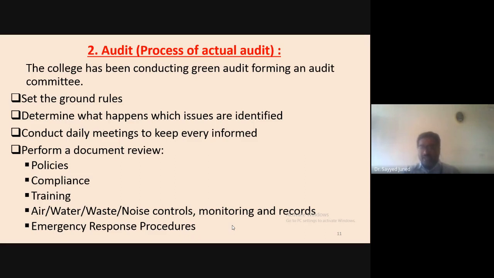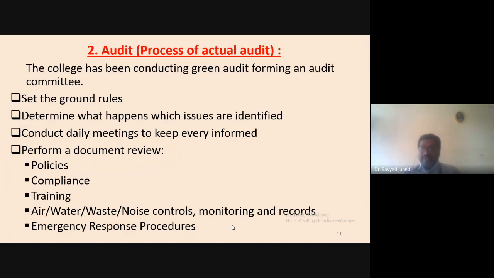We have to appoint a teacher such as a botany teacher, and for the engineering, energy audit, we appoint physics teachers or electronic teachers, because they can easily understand and evaluate the calculation of the energy consumption of your higher education institution. In this second stage, we have to set the ground rules, determine what happened, and which issues are identified when we evaluated this and created the reports of the green audit, and conduct daily meetings to keep everyone informed.